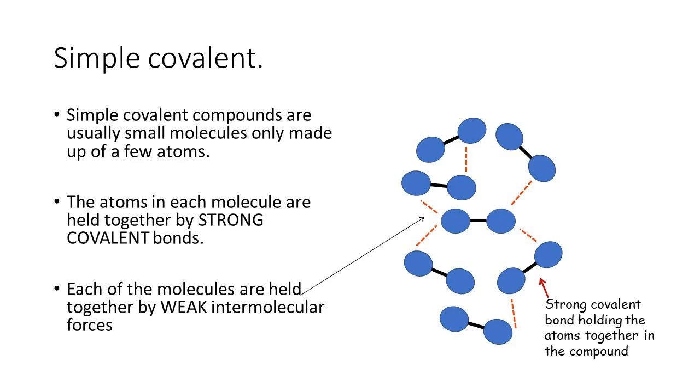These intermolecular forces are quite easy to overcome. Those forces are quite weak. So it's important that we don't get confused between the strong covalent bonds that hold each individual molecule together and the weak intermolecular forces that try and group all of those molecules together in one group.